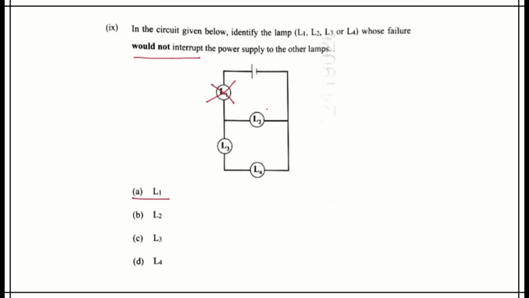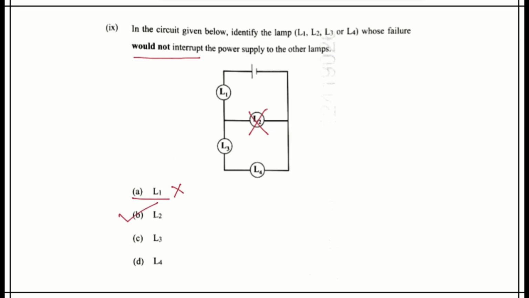Now if we consider option B as L2, let's see what happens if we turn off L2. If L2 is turned off, you can see clearly from the circuit that the current will pass through L1, L3 and L4 without getting interrupted. So in this case L2 is the correct answer. Let us see the rest of the two options.